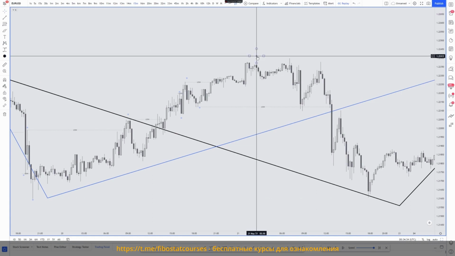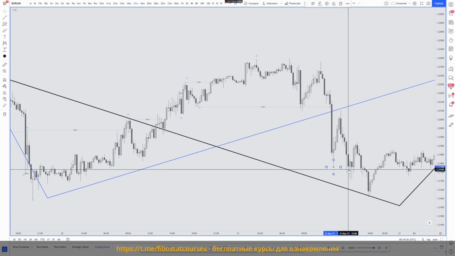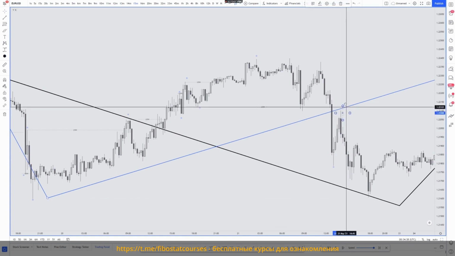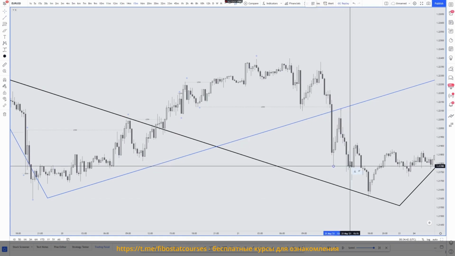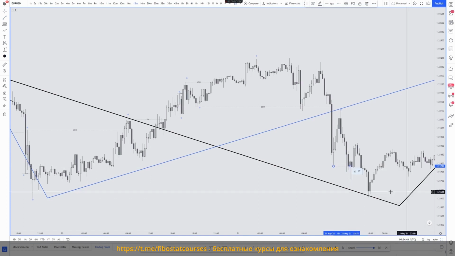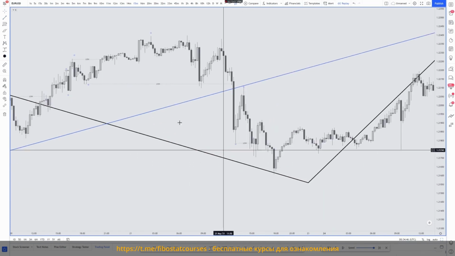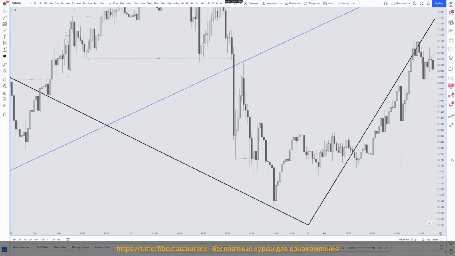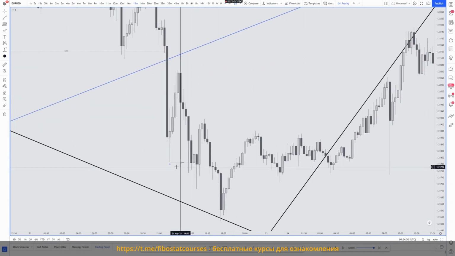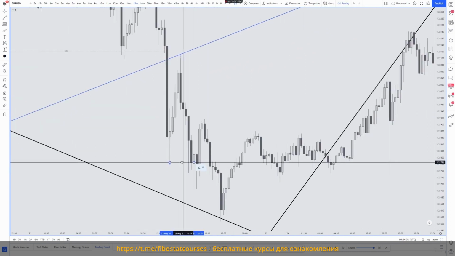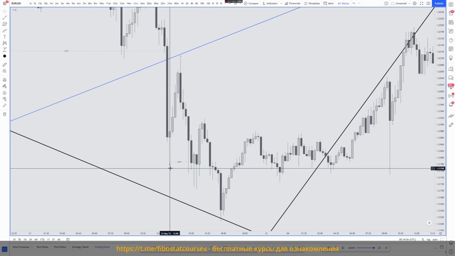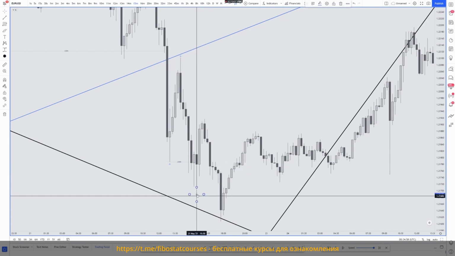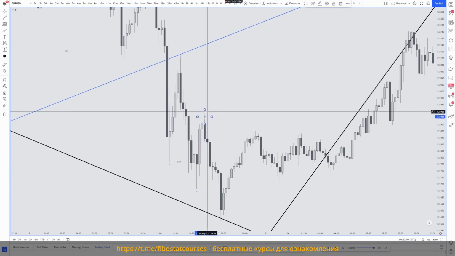So now we have bearish momentum. We have a bit of a pullback here. So if we zoom in here, this wick did actually get taken. So this is actually new structure. We did get enough of a pullback here.